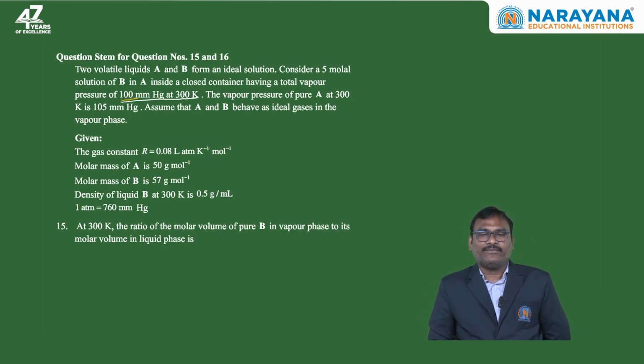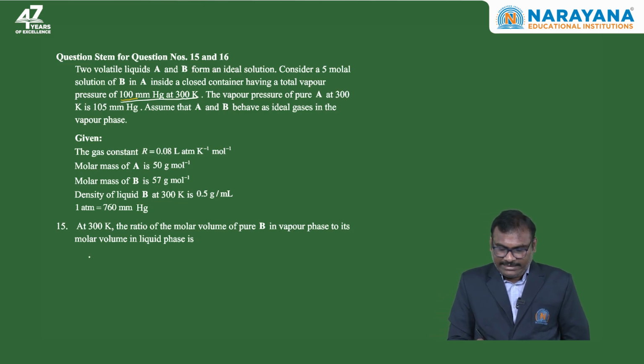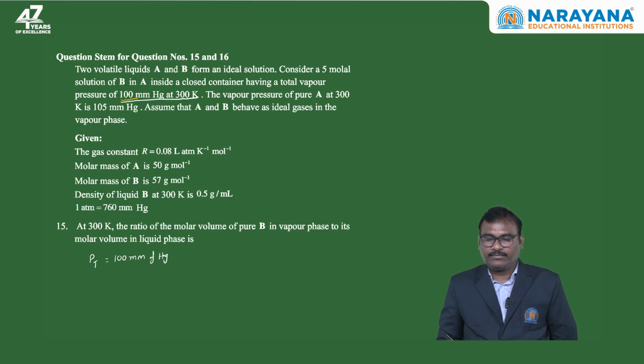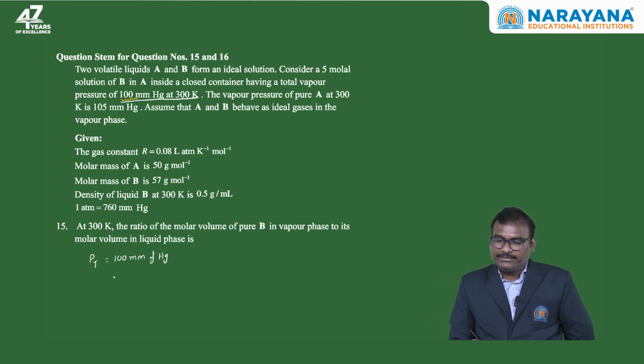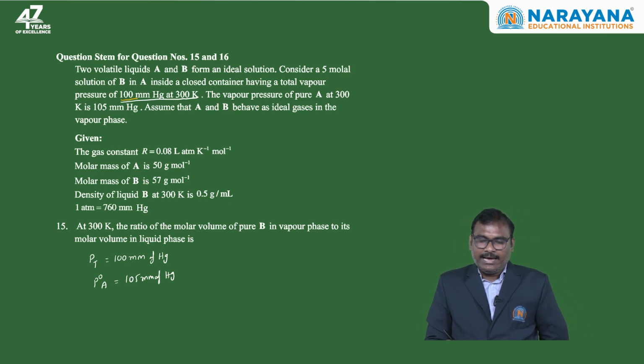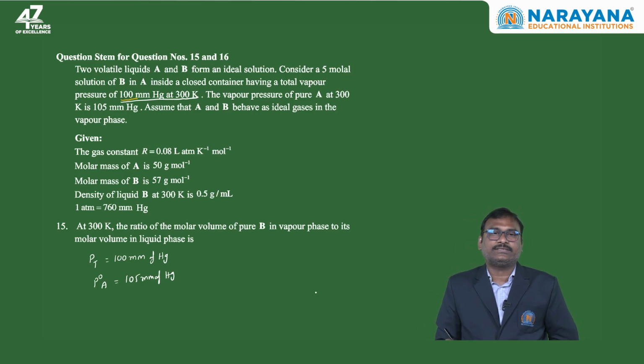So from the data, P total is equal to 100 mm of Hg. The vapor pressure of pure A at 300 kelvins is 105, P naught A is 105 mm of Hg. Assume A and B behave as ideal gases in the vapor phase.